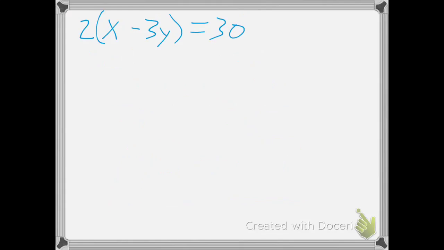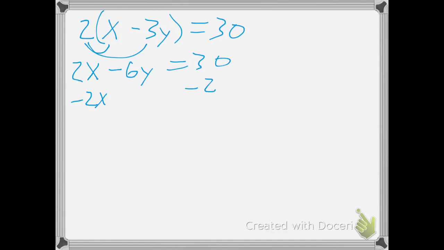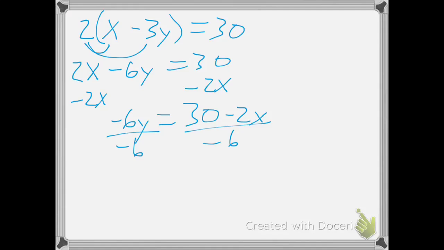Nice. Okay, and this other equation, we need to solve for y again. So distribute the 2 to get 2x minus 6y equals 30. I want to get rid of the 2x, minus 2x, to get negative 6y equals 30 minus 2x. I'm going to divide by the negative 6, divide by the negative 6.